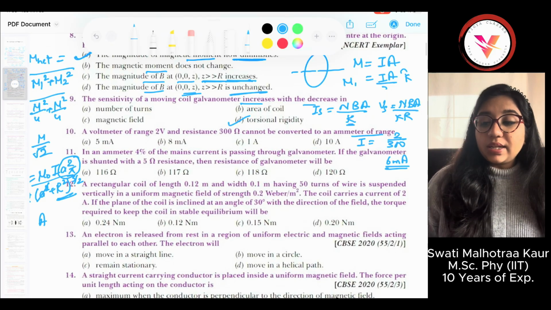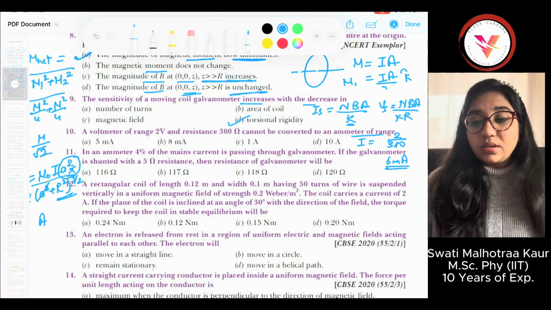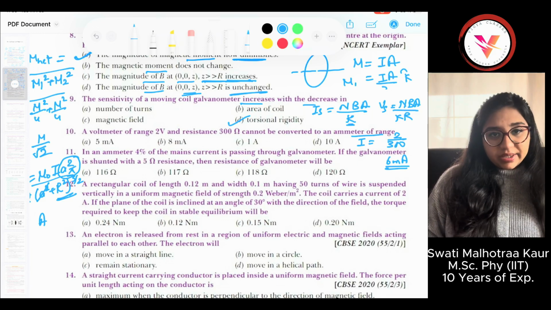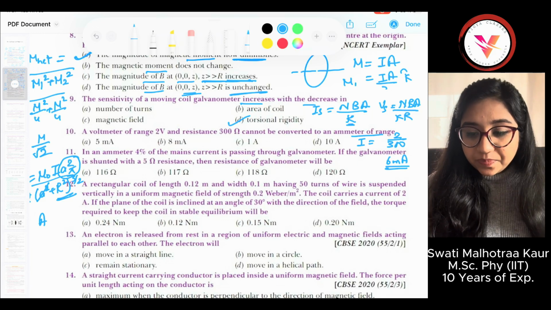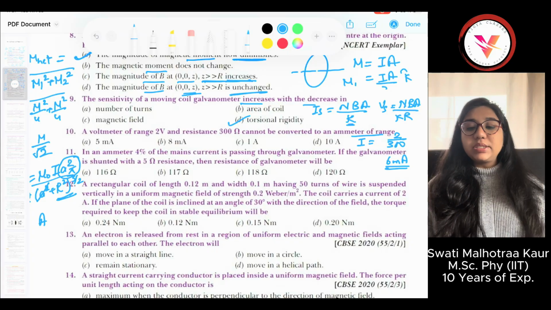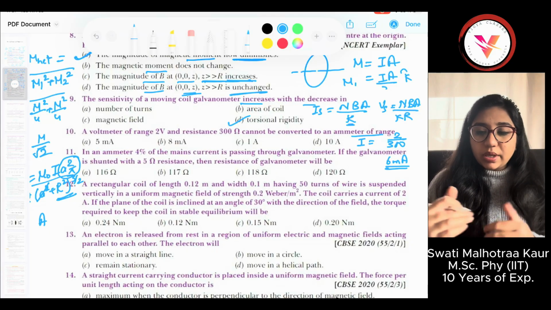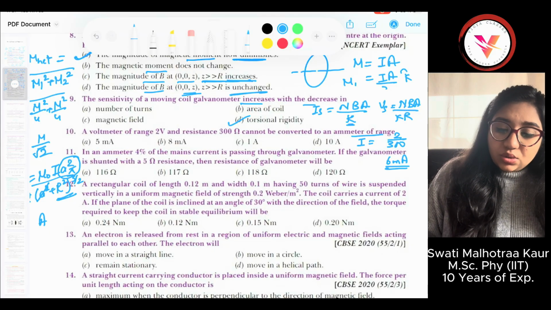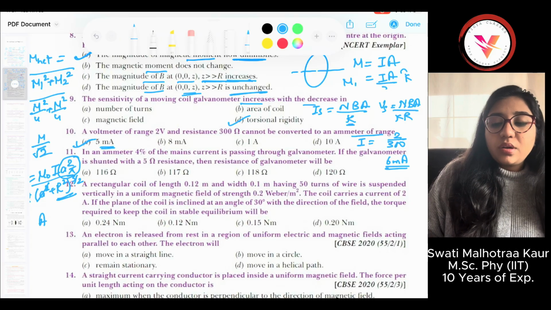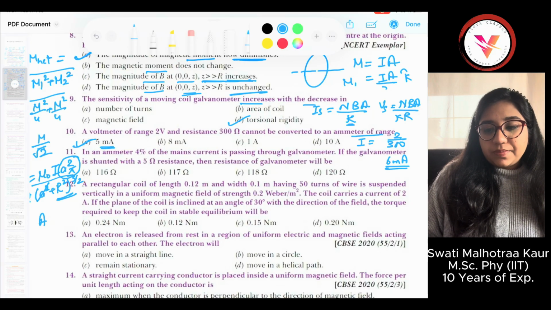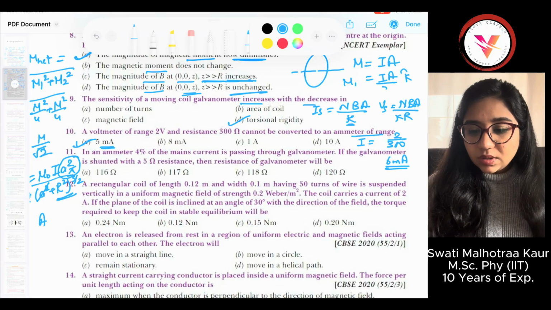Divide it and check. So a range lower than this value cannot be converted. The above can be converted because this is a limiting value. So 5 milliampere cannot be converted, the higher ones can.